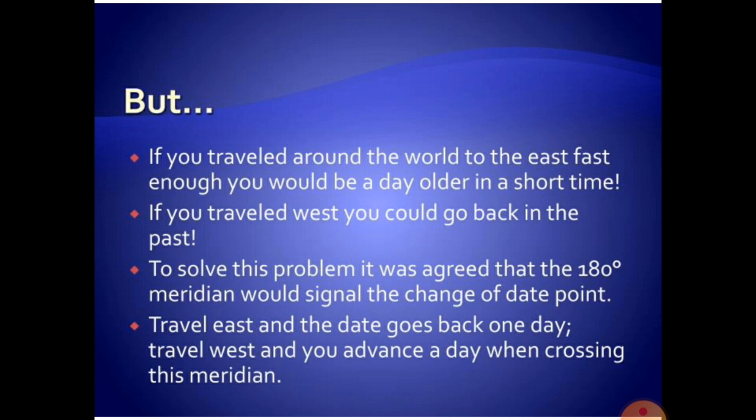So how do we find from which longitude the date has to be changed? It was decided that the 180 degree meridian would be the signal for the change of date. If we travel east the date goes back one day, and travel west and you advance a day when crossing this meridian.